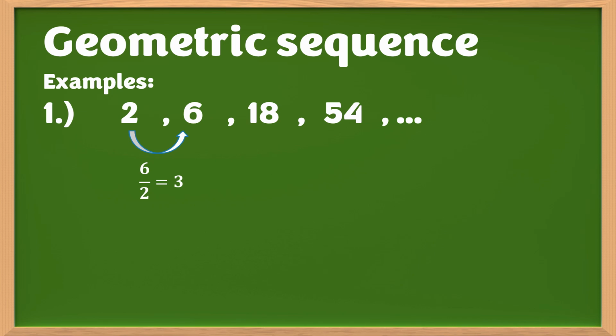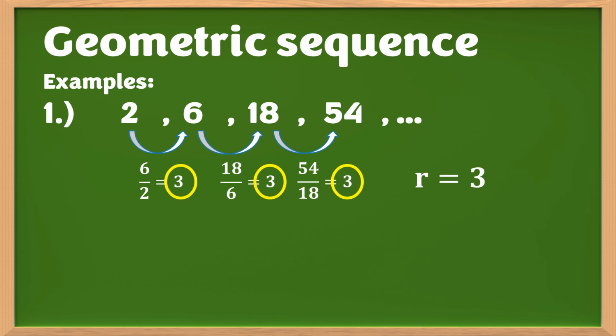Then the third term and the second term: 18 divided by 6 is equal to 3. For the fourth term and third term, the fourth term is 54 and the third term is 18, so 54 divided by 18 is equal to 3. Therefore, the common ratio of the given geometric sequence is 3.